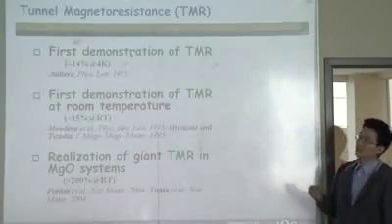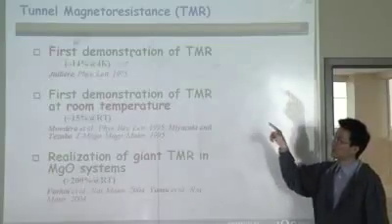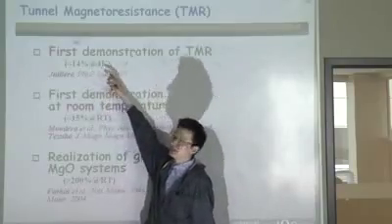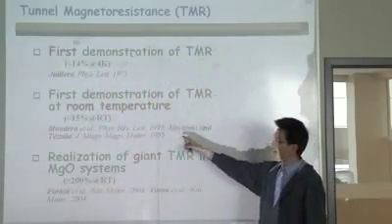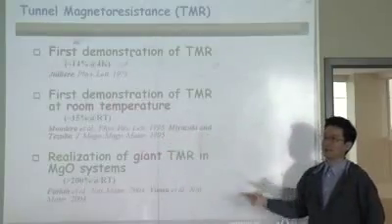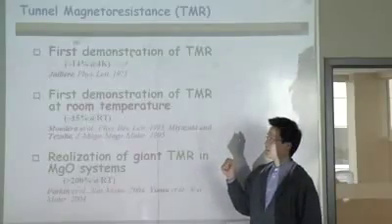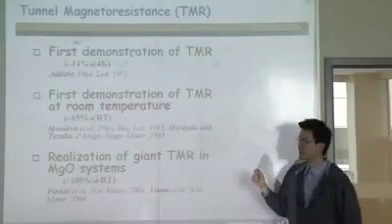The tunnel magnetoresistance was discovered more than 30 years ago by Julliere. But at that time, the TMR was extremely low, and it was limited to very low temperatures. Then the development happened in the year 1995. Moodera and Miyazaki independently discovered that by using an amorphous aluminum oxide tunnel barrier, the TMR can operate at room temperature.